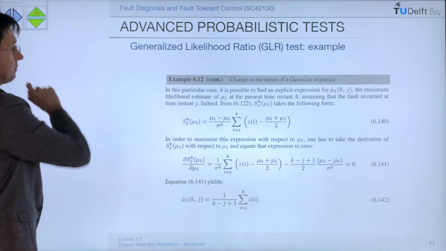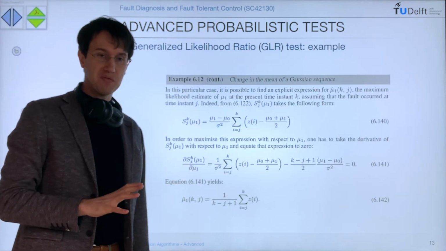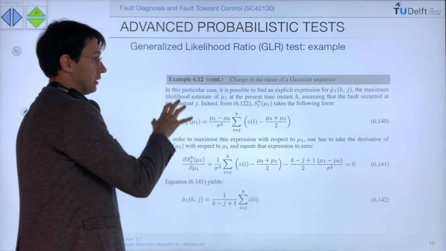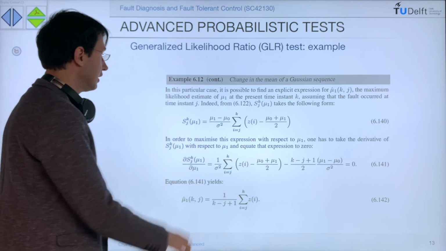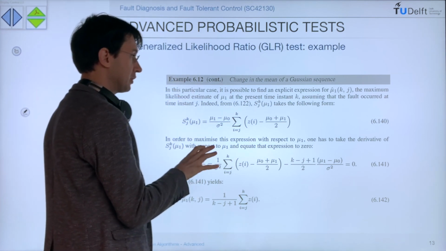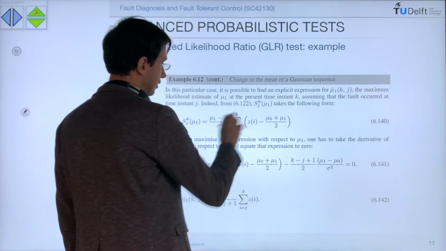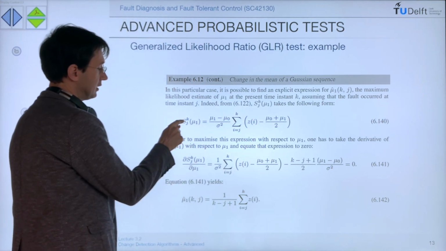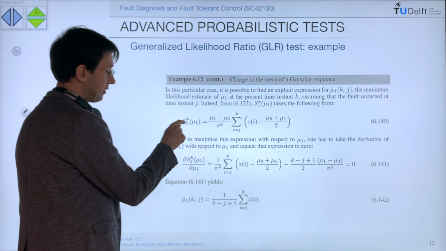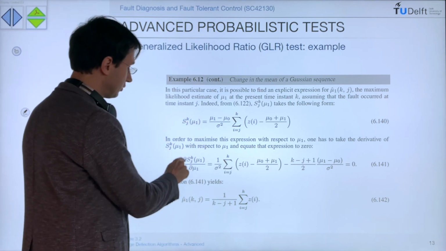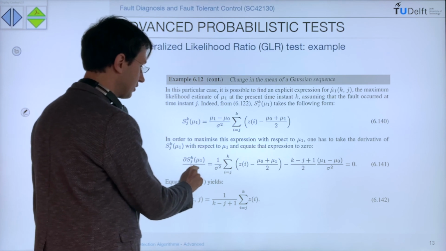Well, if we have Gaussian variables, you can. And in the book by Blanke, there is an example where they actually do that. So first you see the expression of the CUSUM here. And then in order to maximize that, what they do is they take the derivative with respect to one parameter.